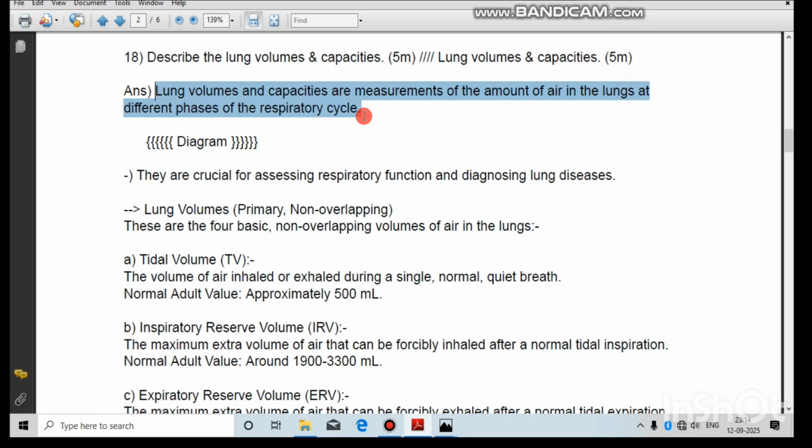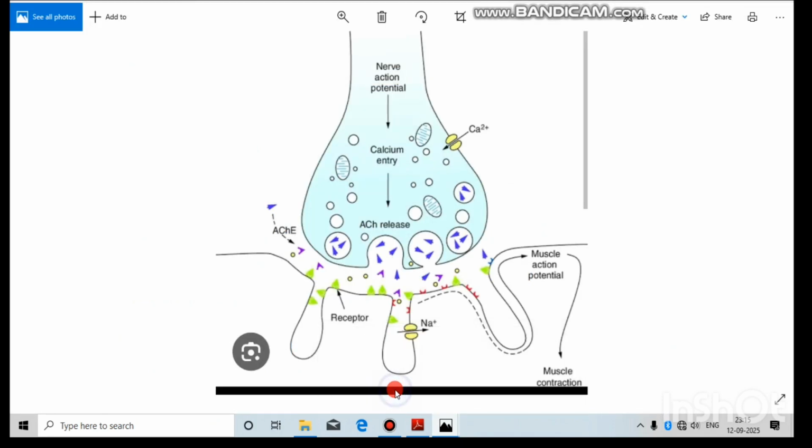The lung volumes and capacities are measurements of the amount of air in the lungs at the different phases of the respiratory cycle. So during different phases of the respiratory cycle, the amount of air present inside our lungs will be measured here. We can see it with the help of the diagram, guys. We have got some diagrams here.